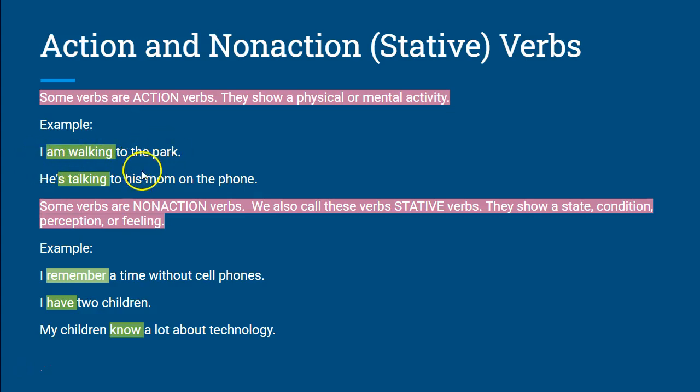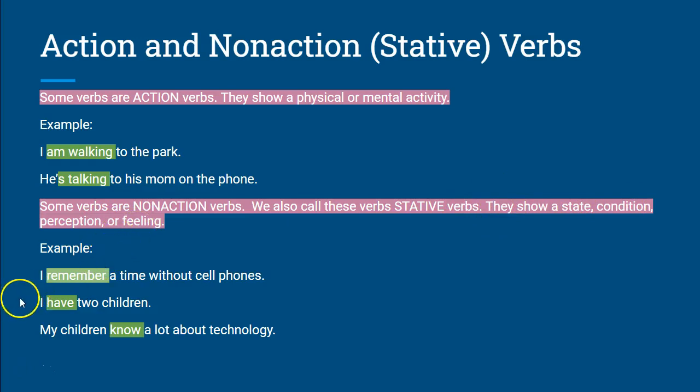We can see that action. It's a physical action. He's talking to his mom on the phone. We can see this action too. It's a physical action. Now, other verbs are non-action verbs. And like I said, we can also call these stative verbs.